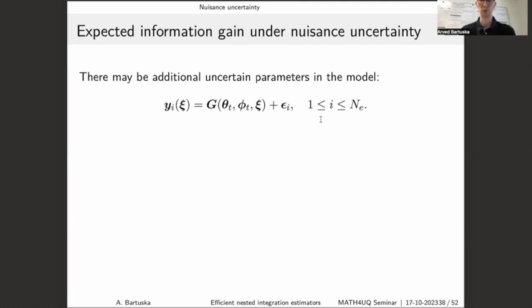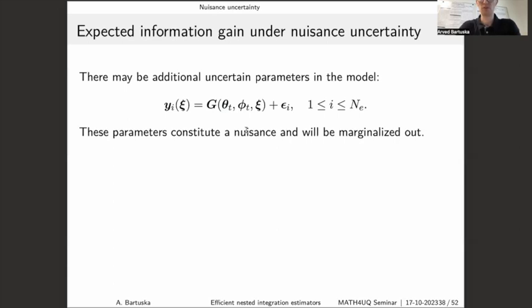And what you could also do is you could introduce also a distribution for these parameters and then recover them, like the parameters of interest. Then you just have a larger space for parameters of interest. This way you would be quantifying the uncertainty correctly, but you would not be solving the optimization problem that you want to solve, because you want to find the design xi that lets you optimally recover the parameters of interest and not all your other model parameters.